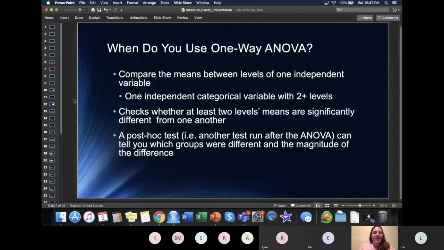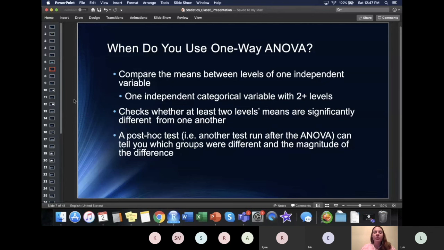So again, we have our independent variable. We are looking at the relationship between that independent variable and our dependent variable. The independent variable will be categorical. It will have multiple levels. It can be 2+ levels, so anything 2 or above could be included. And we would be looking at that independent variable and its relationship with that dependent variable, specifically the means in that independent variable.